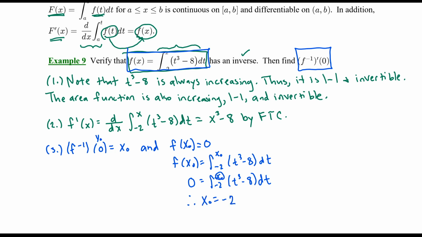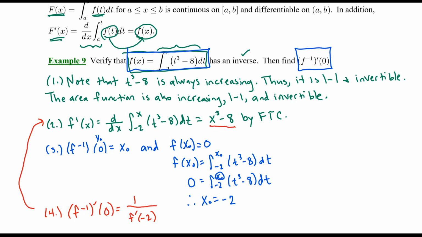So once we have found that mystery number, then we can say f inverse prime of y naught is equal to 1 over f prime of x naught, which we figured out is -2. Now don't forget, back up here, we said the derivative of f is x cubed minus 8.